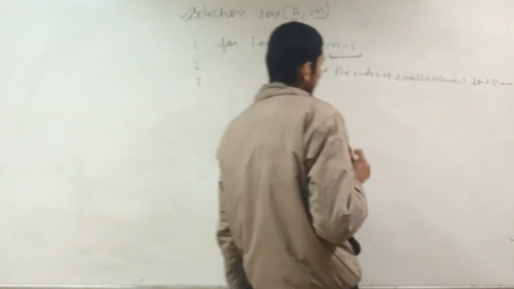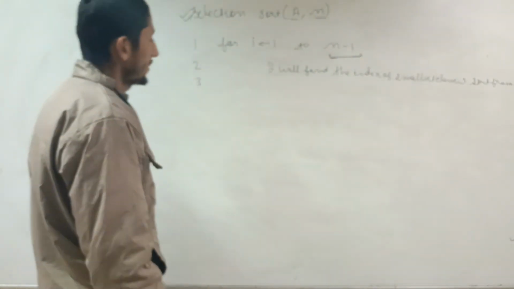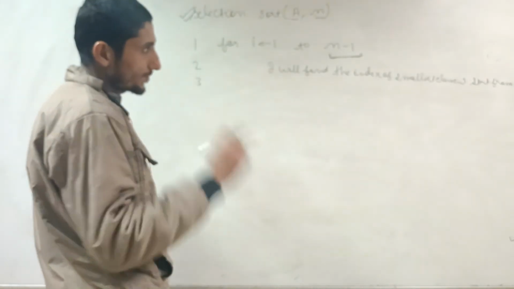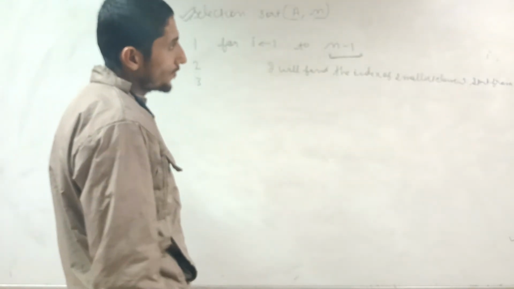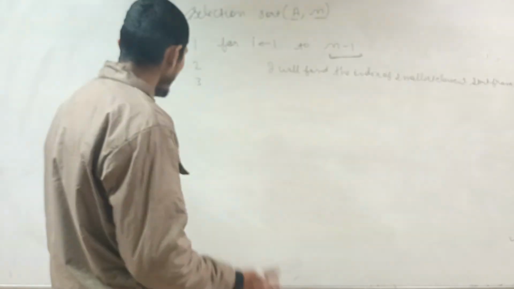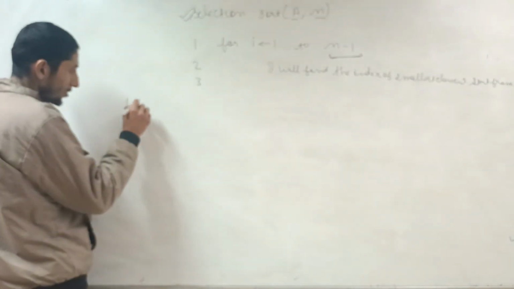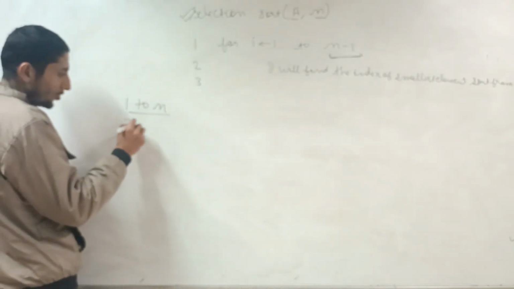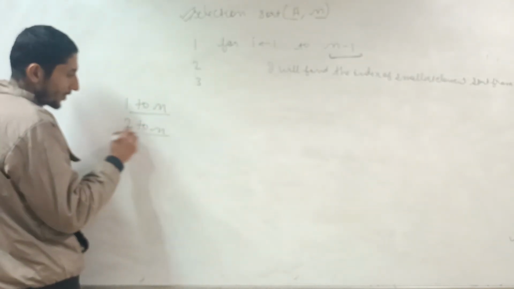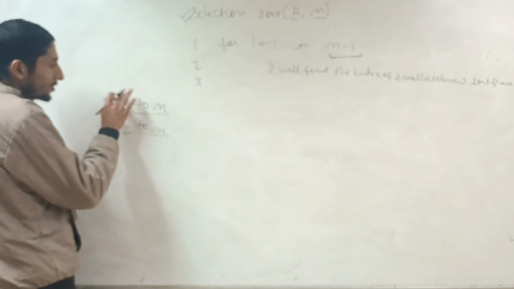It means at the first iteration, I will find the index of the smallest element starting from i. At the initial stage, the value of i is 1. It means I will go from 1 to n. The second time, I will go to n because the value of i becomes 2.